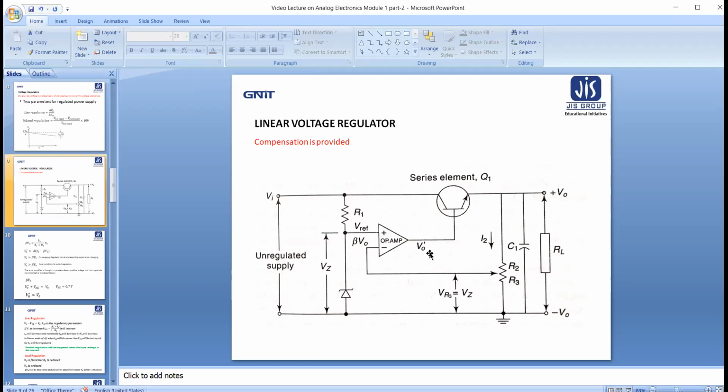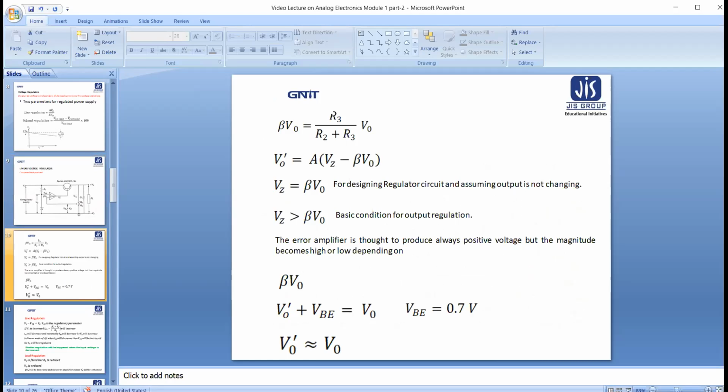Now we know that when the transistor is operated in the linear region, VBE is nothing but 0.7 volt for a silicon transistor. So if we add V0 prime plus 0.7, it will be nearly equal to V0; V0 prime will be approximately equal to V0.